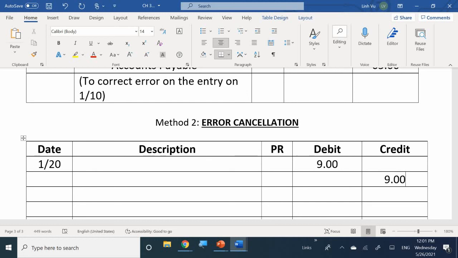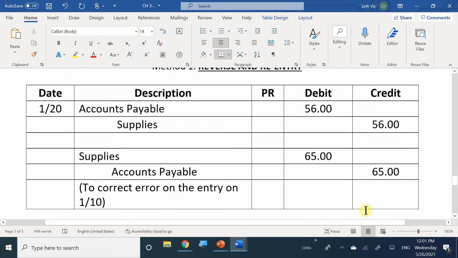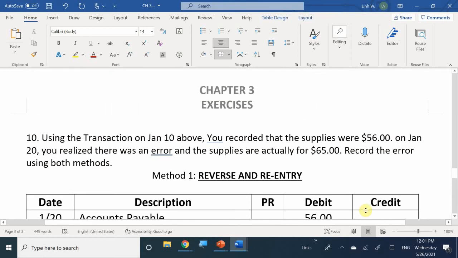Now, this is where you have to think real hard, because which account are you adding to? If I originally recorded the supplies and the accounts payable for $56, but in reality it ended up being $65, where am I short?